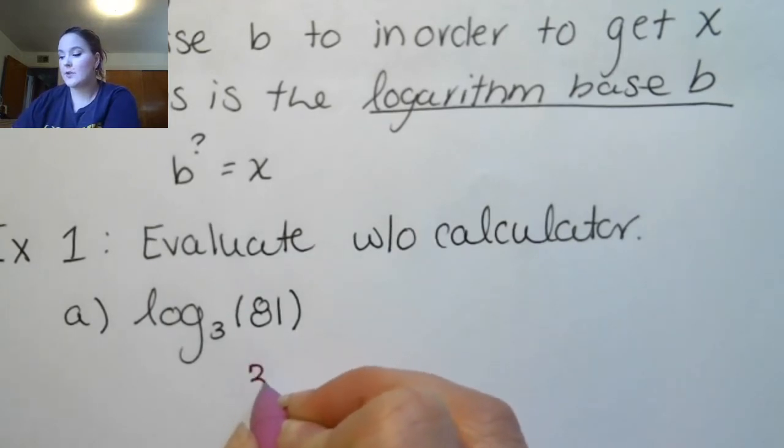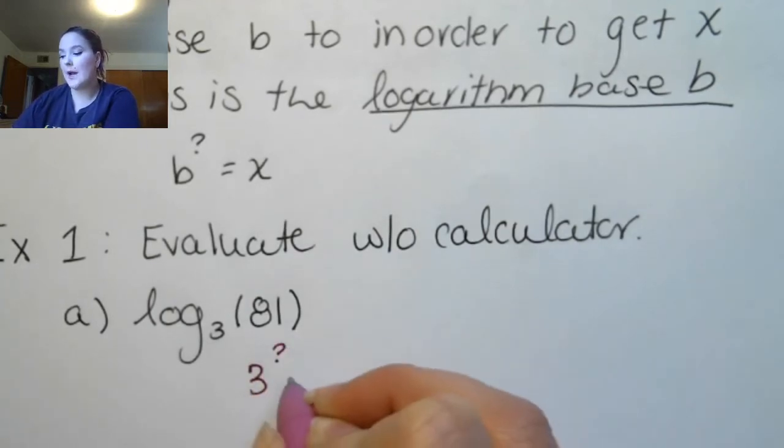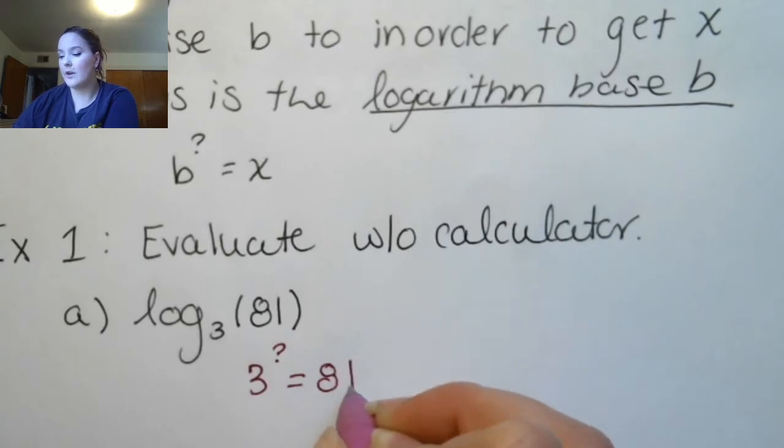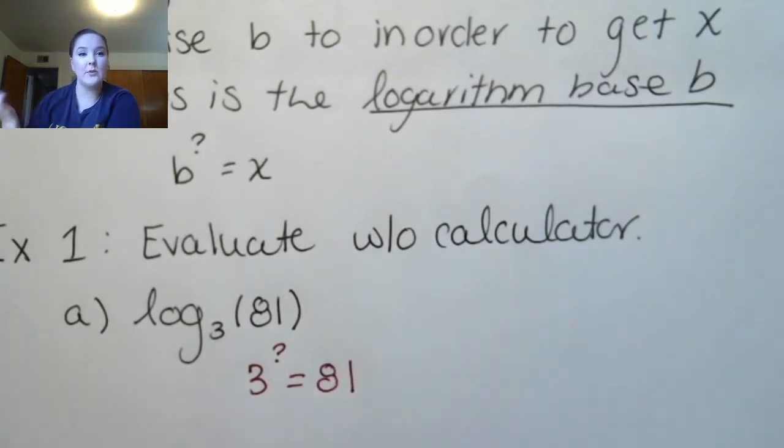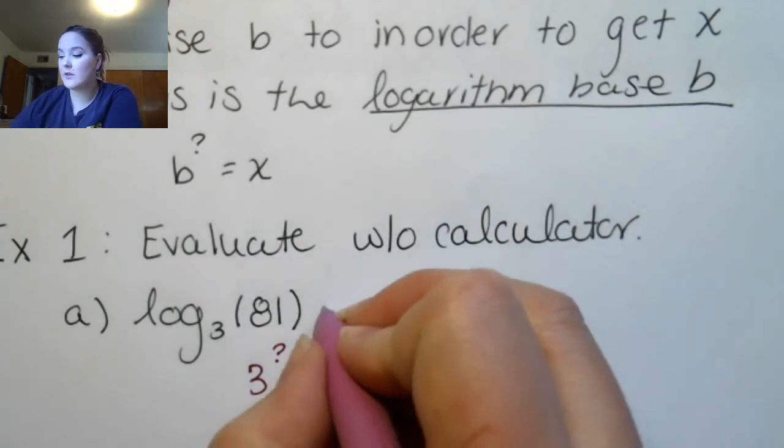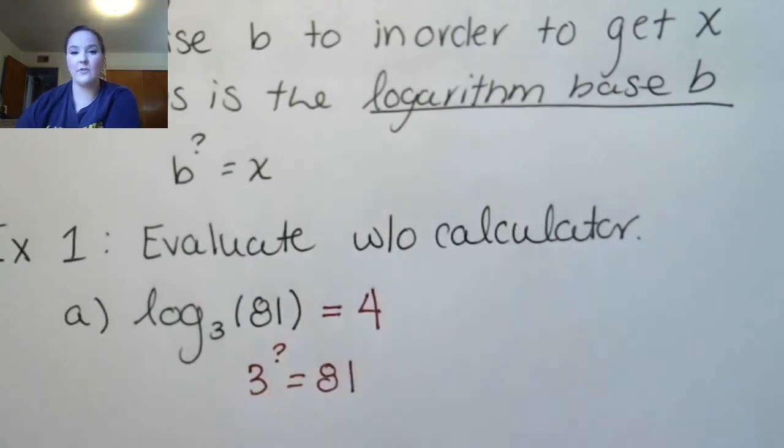So we're saying 3 to what power is equal to 81? You know that 3 to the fourth power is 81. So that means that this is equal to 4. So again, this number is the exponent. So 3 to the fourth power is equal to 81.